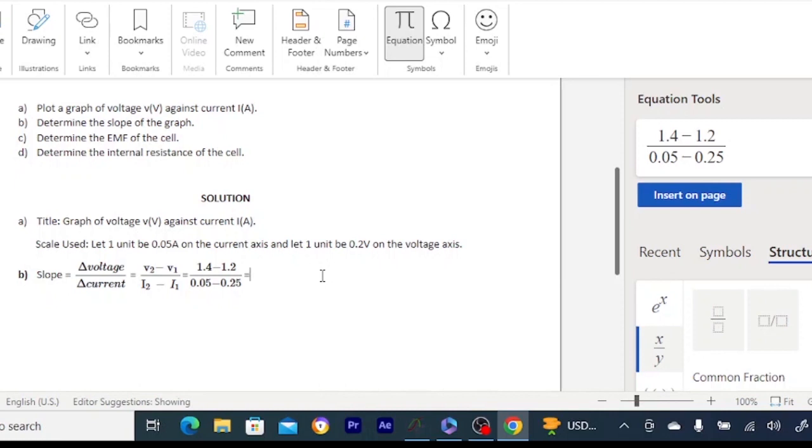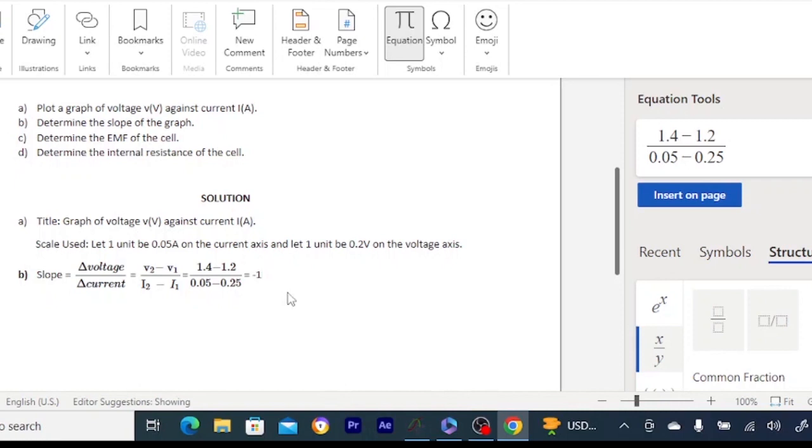So I have 1.4 minus 1.2 all over 0.05 minus 0.25, and that gives me -1 as my slope.